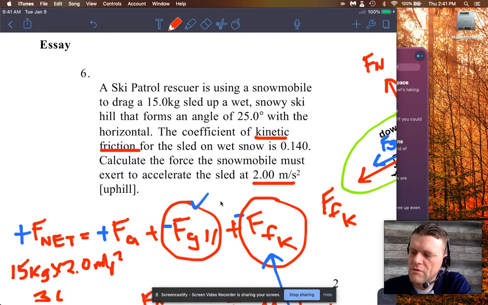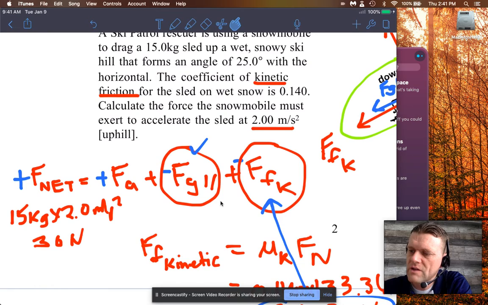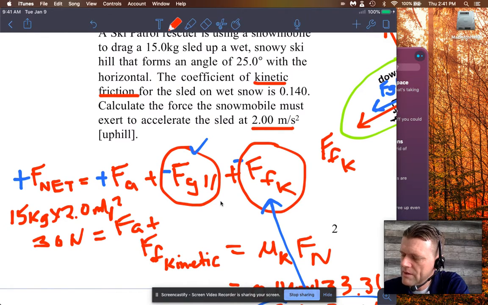So 30 newtons uphill has to equal the sum of the applied force plus the force of gravity parallel, which in this case is a negative 62. Okay, we haven't really used that one yet. And then the force of kinetic friction, we calculated that to be 18.